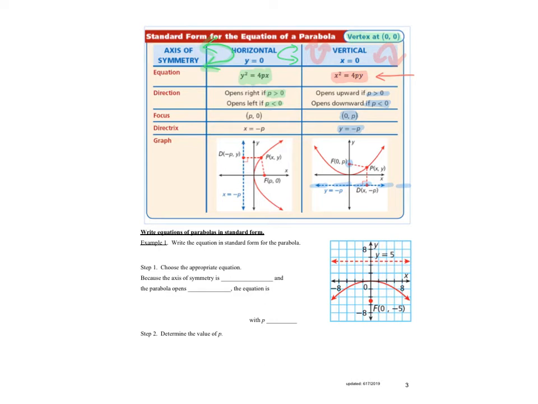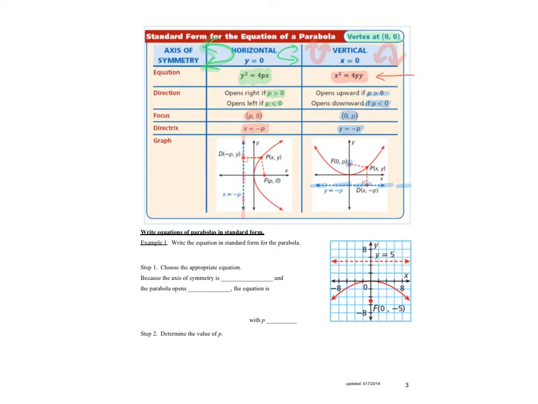The focus is again given to us by p, but this time it's going to be on the x-axis at the point p, 0, and our directrix, which we're expecting to be a vertical line, will be at the line x equals negative p. So p is telling us a lot about our parabola.